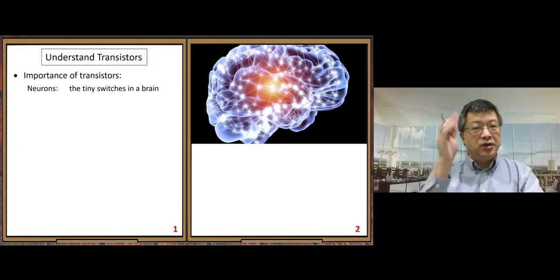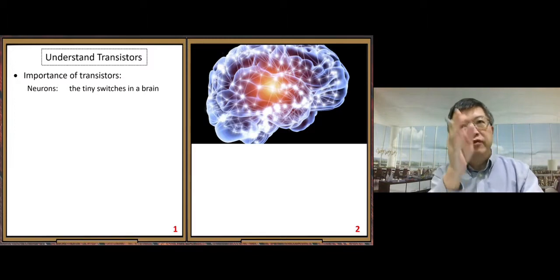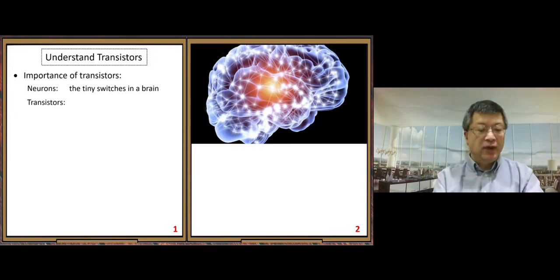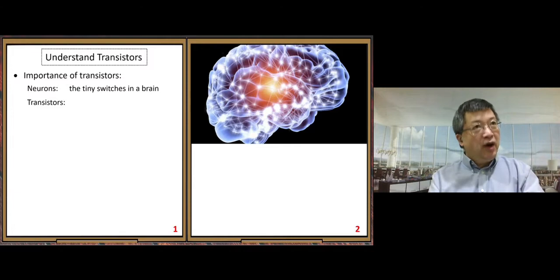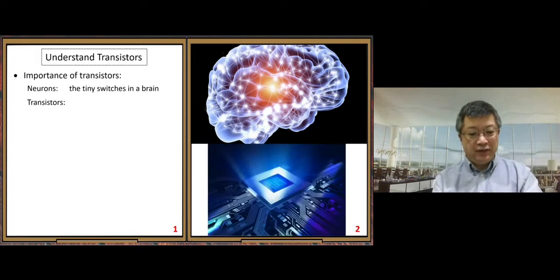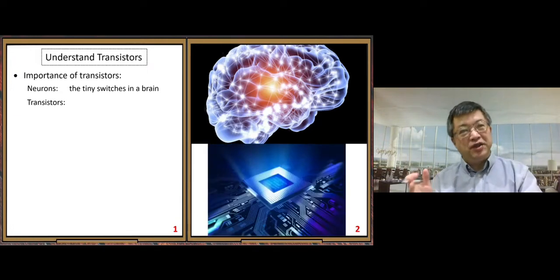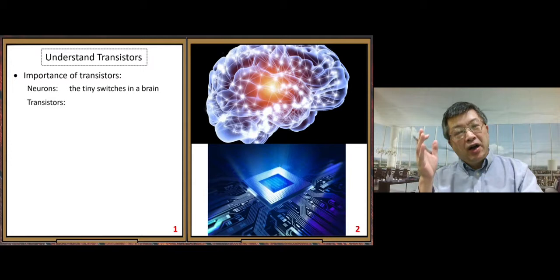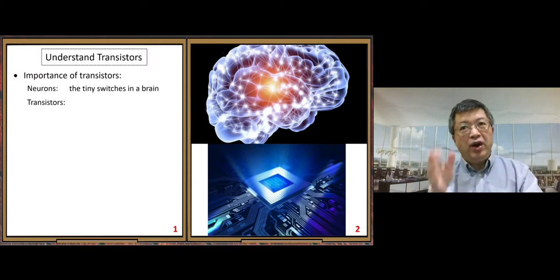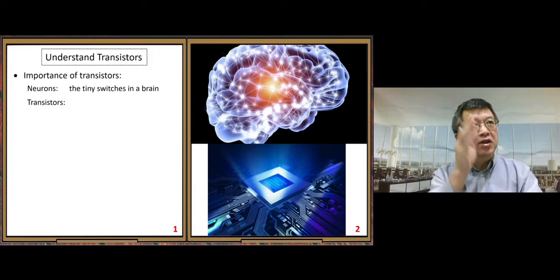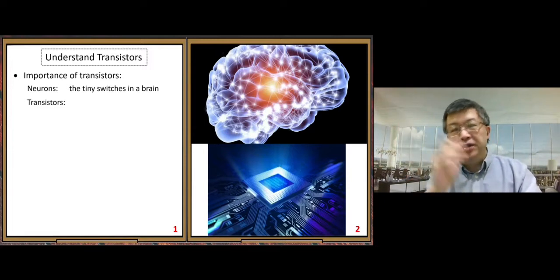Similarly, let's look at the role of transistors. The role of transistors is basically similar to the role of neurons. Look at this, a computer microprocessor, which we also call CPU, Central Processing Unit.